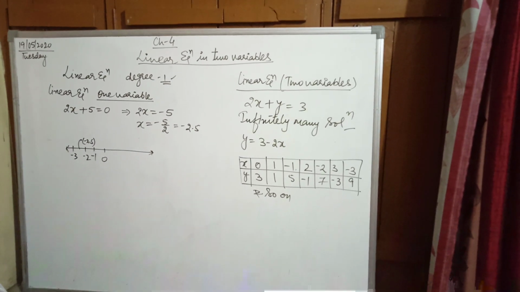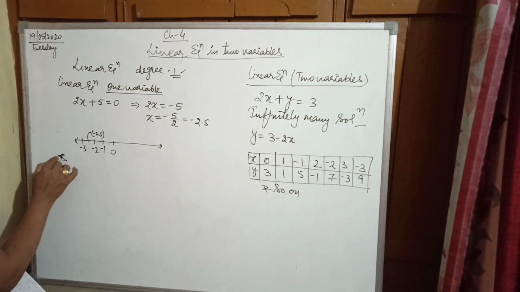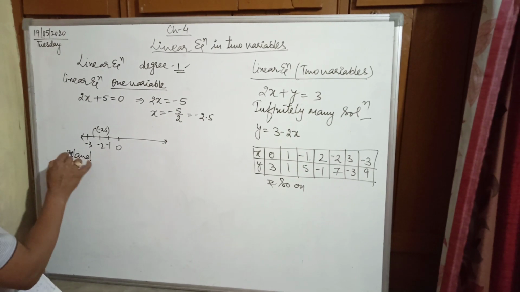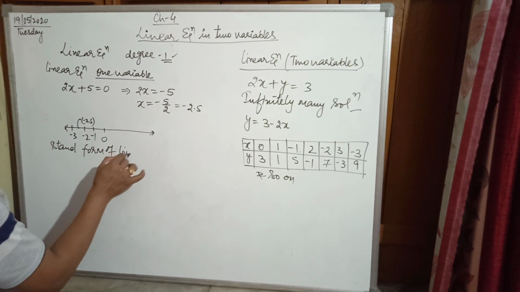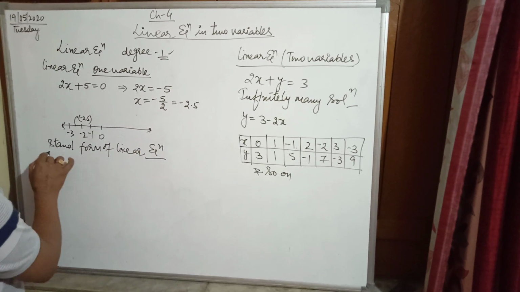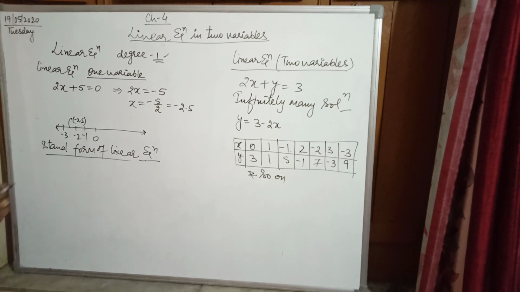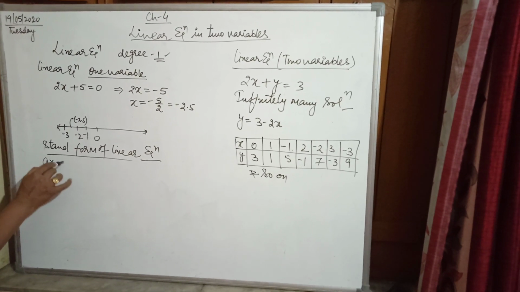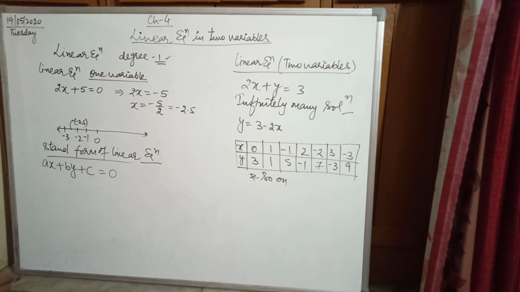Now one question is this: the standard form of a linear equation. What is the standard form of a linear equation? The standard form of the linear equation is ax plus by plus c is equal to 0.